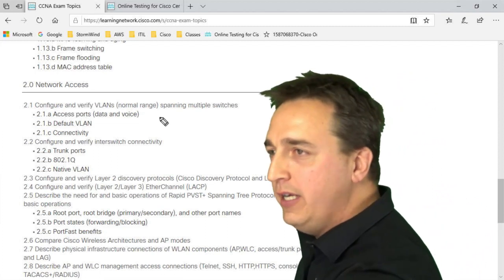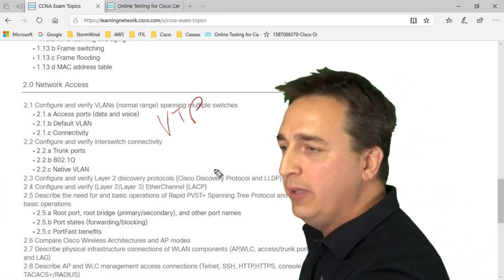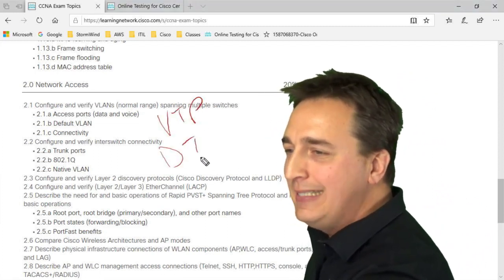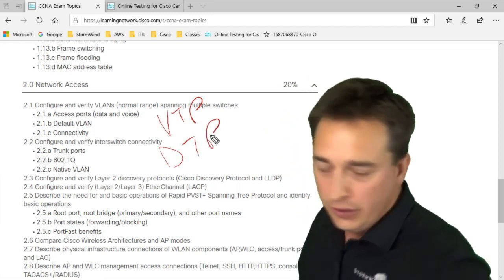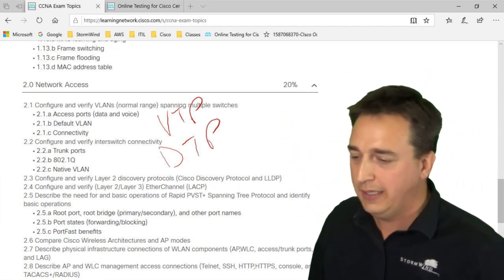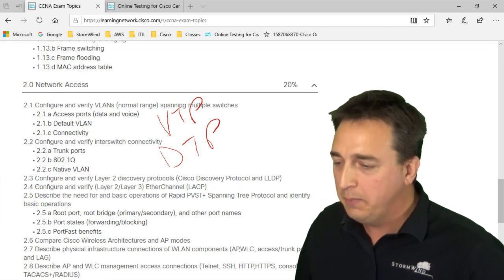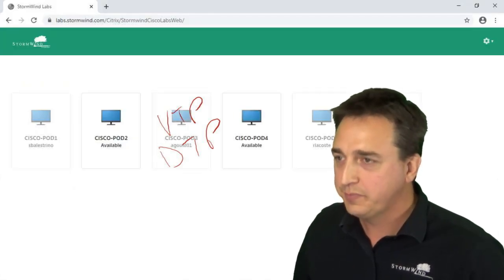So do we need to know VTP? Do we need to know DTP? Those were common questions that were being asked by many, many people.